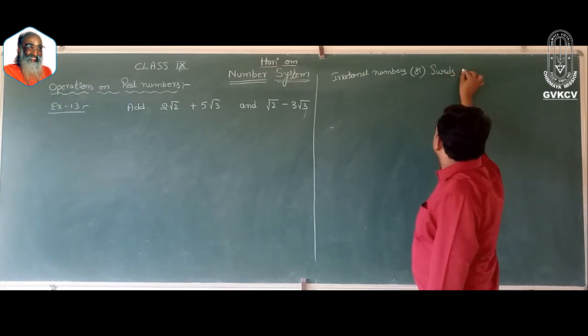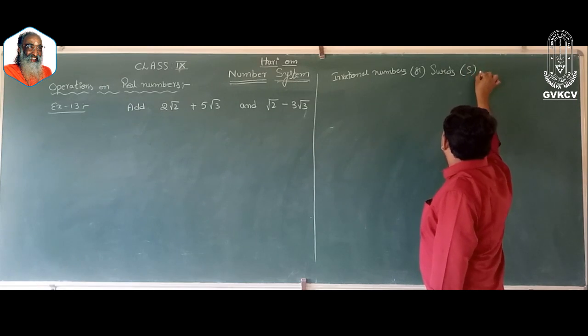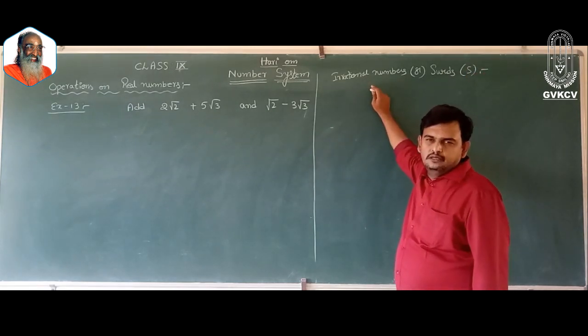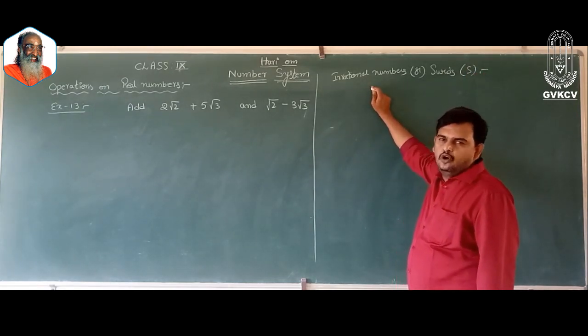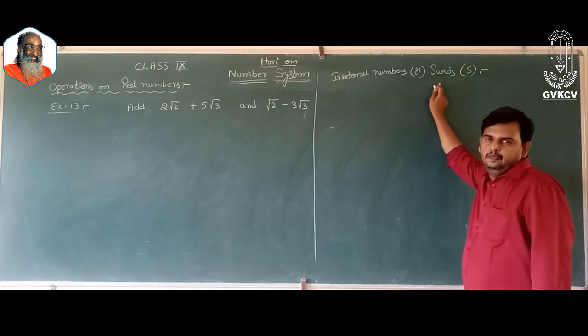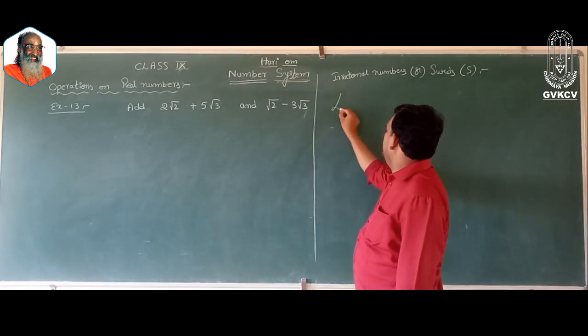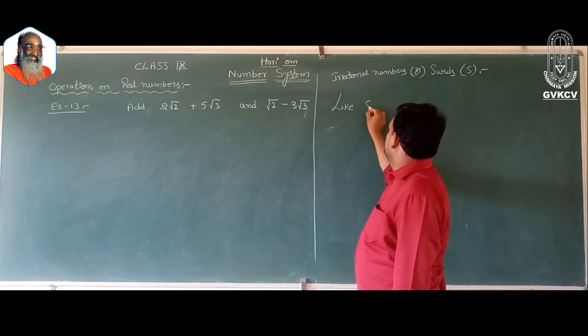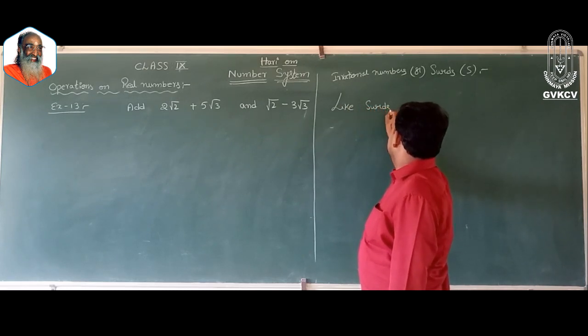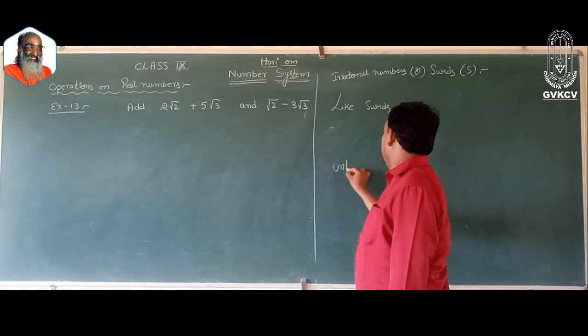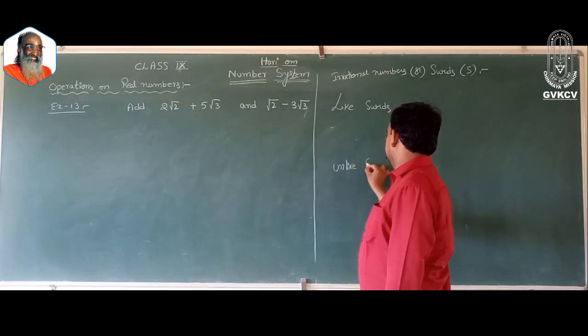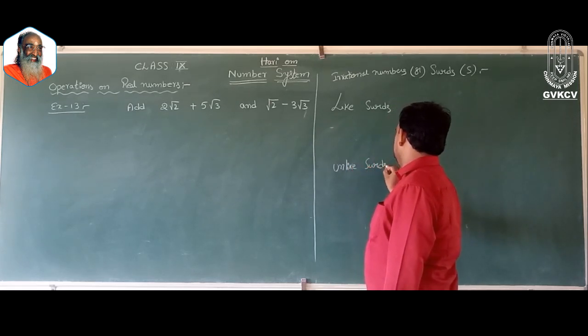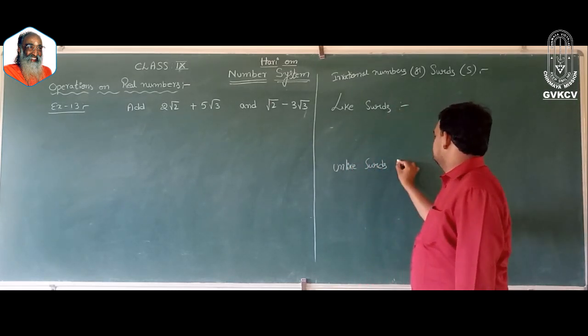Irrational numbers are also called surds. In this, we have the concepts of like surds and unlike surds.